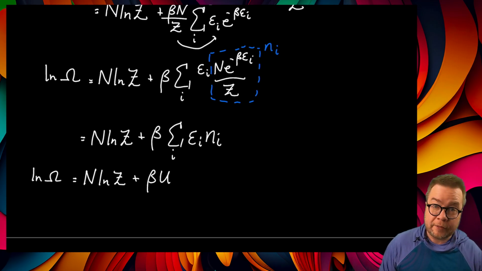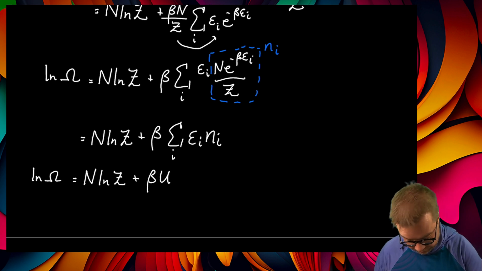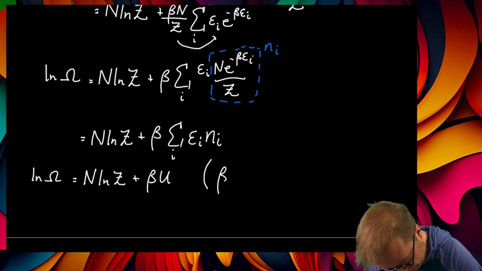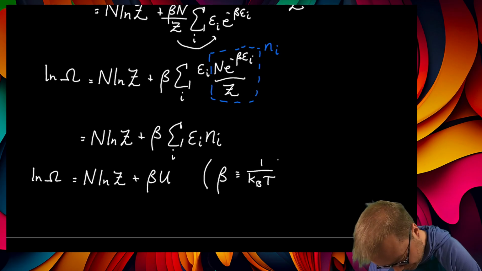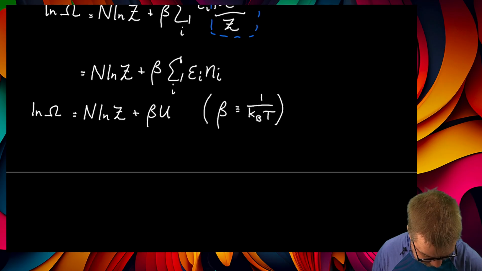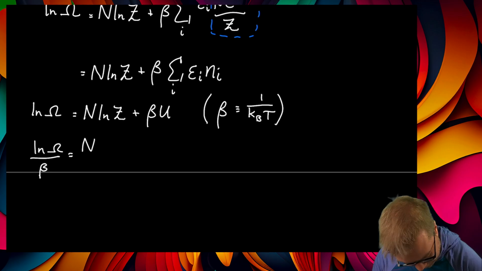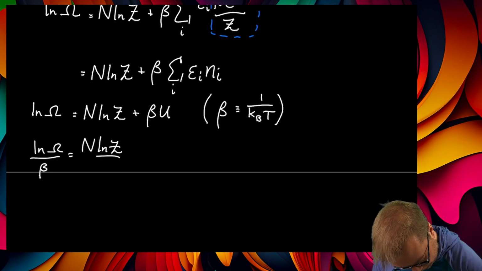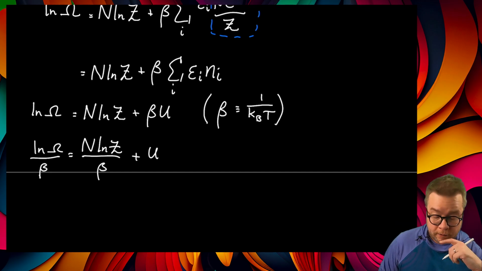So why don't we divide through by beta? Remember, just as an aside, beta we defined as 1 over the thermal energy, kBT. So let's divide through by that. And so we get out front log of omega divided by beta is equal to n log z divided by beta plus u.